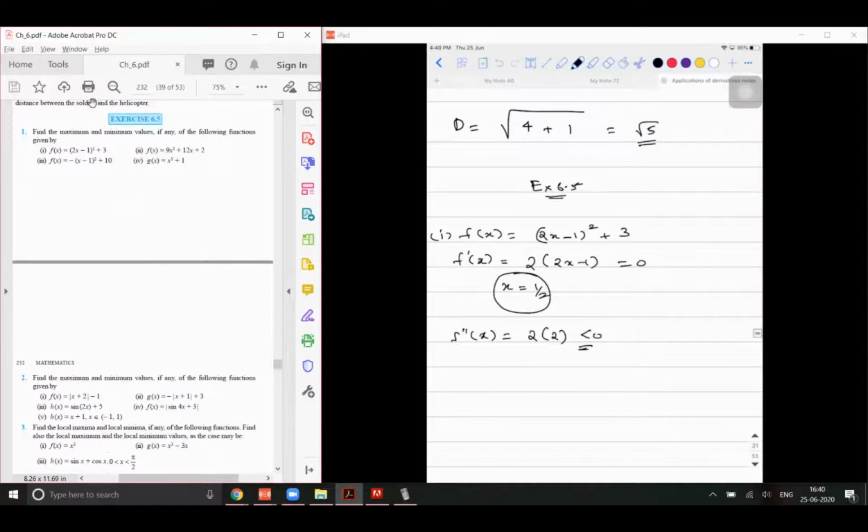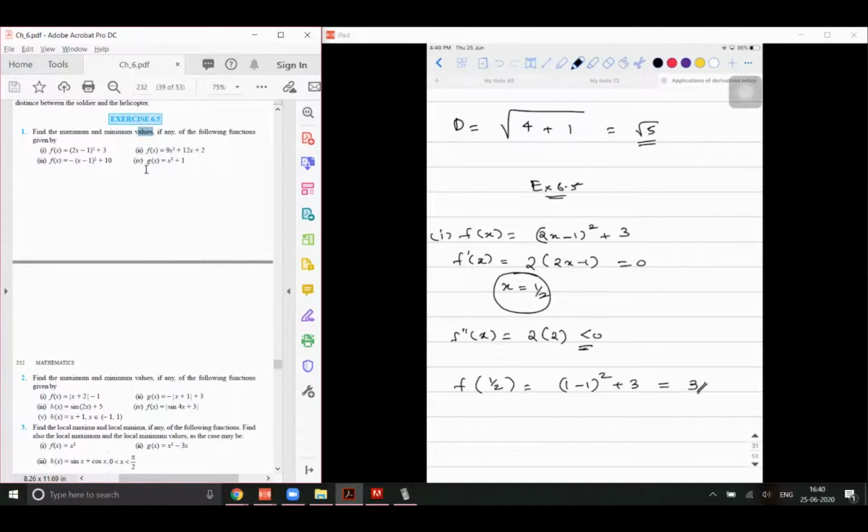But what are they asking? Find the maximum and the minimum values, not the points at which this is occurring. So what is going to be the minimum value? f of 1 by 2 will be (1 minus 1) the whole square plus 3.